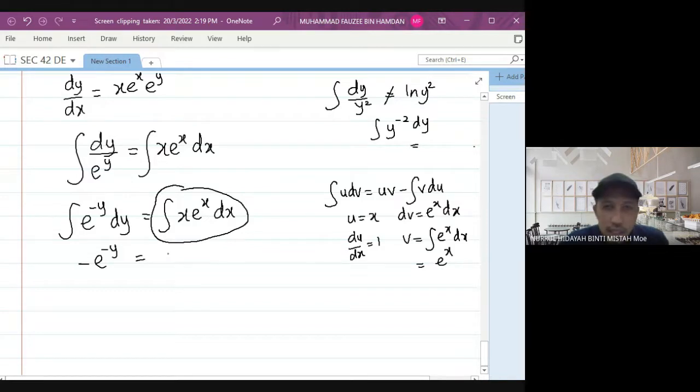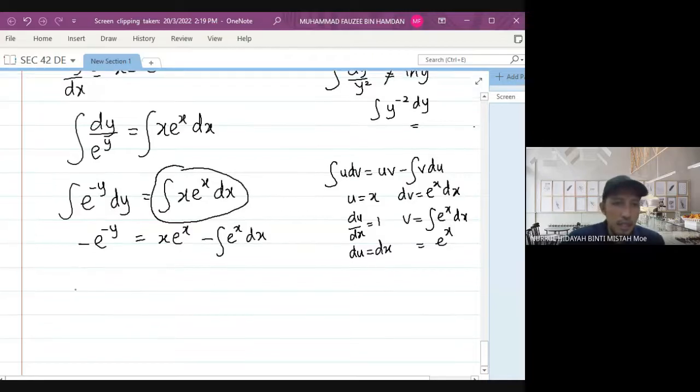This is uv, your u is x, your v is e to the power of x, minus integrate e to the power of x du, where du equals dx. So finally, your answer is negative e to the power negative y equal to x e to the power of x minus e to the power of x plus a.